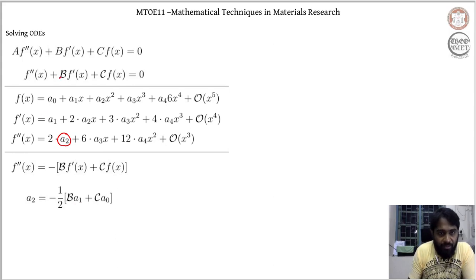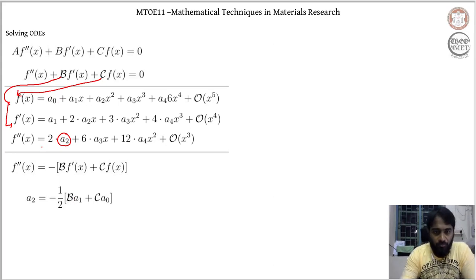I am multiplying my b with the first derivative of f of x, and my c with the original function f of x. So my a2 can be related to b a1 and c a0.